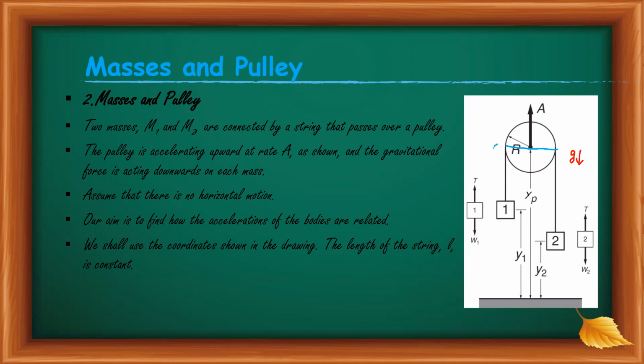First is this length, and the second is up to this one. It is a semicircle, from this point to this point, and the third distance is this one.